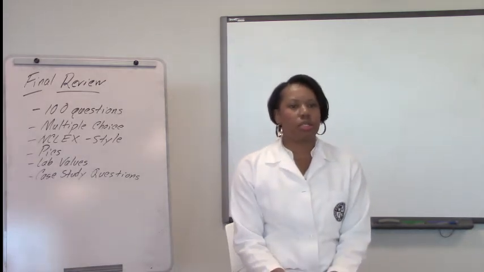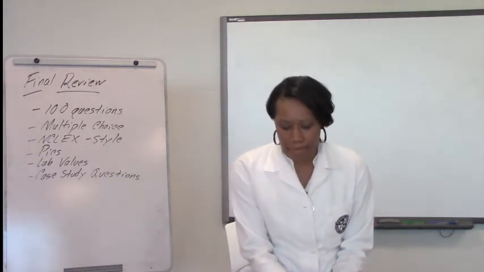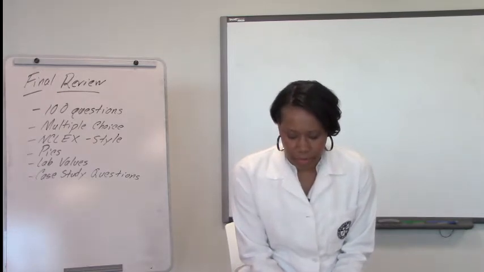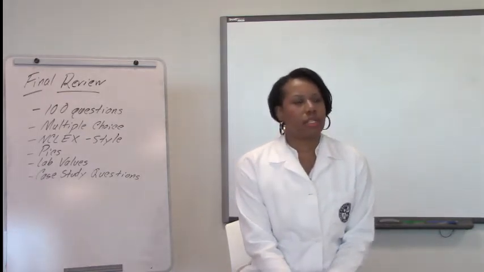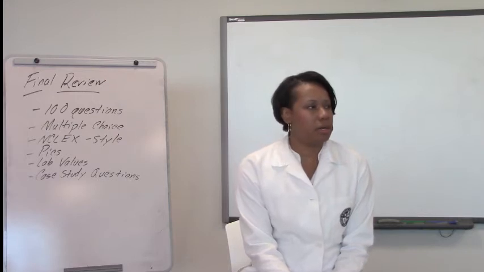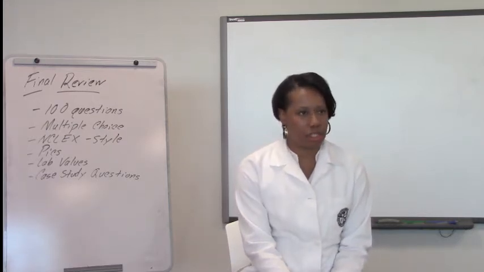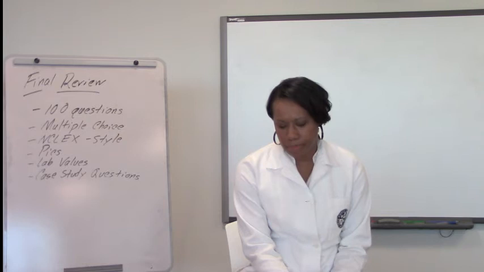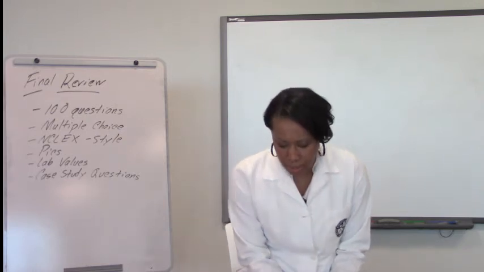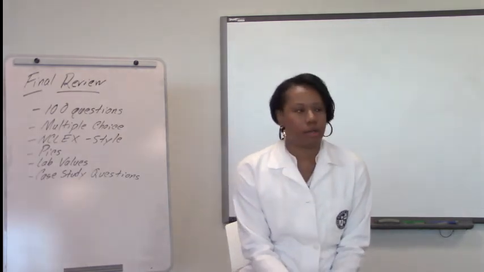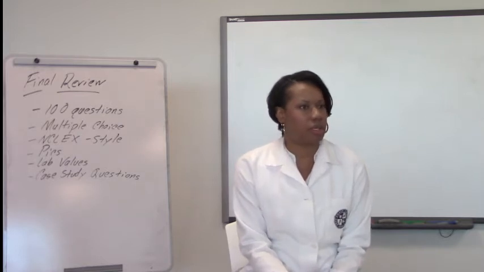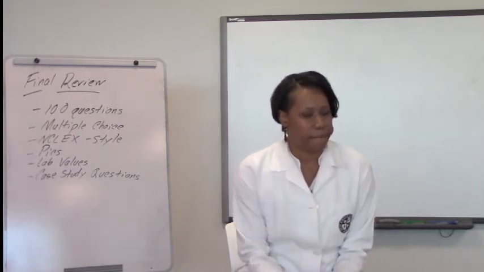Also make sure you know the different types of angina. With the different types of angina, we also introduced some medications such as nitroglycerin. And we also talked about calcium channel blockers. Just make sure you know what those meds are and what they do.